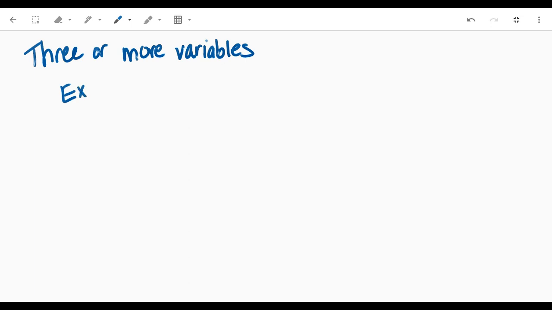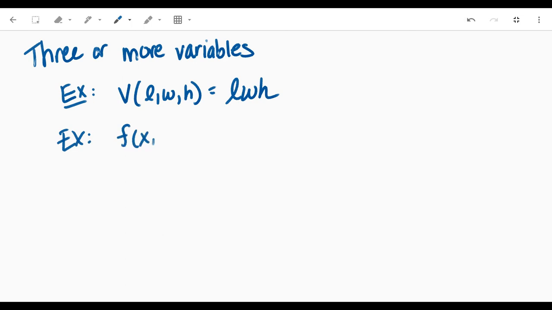So an example might be your volume function, length times width times height, right? Another example would be this function. Okay, so that's the equation for a sphere, right?